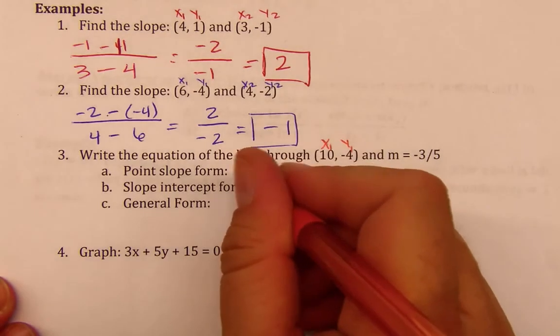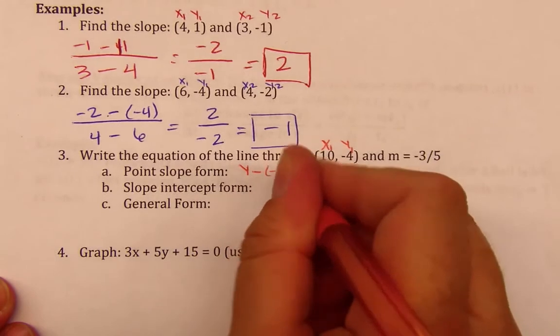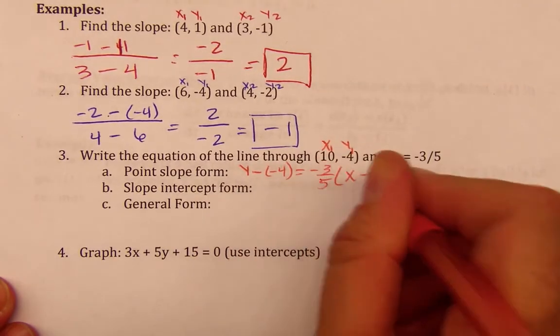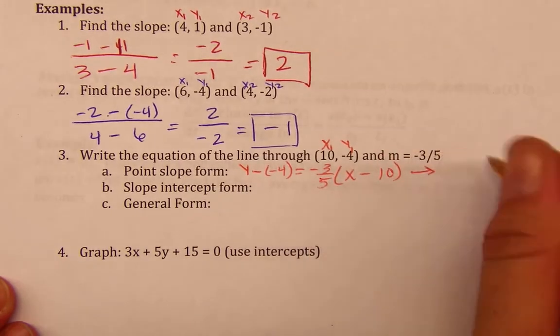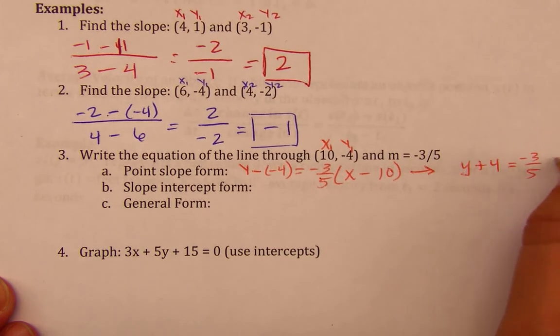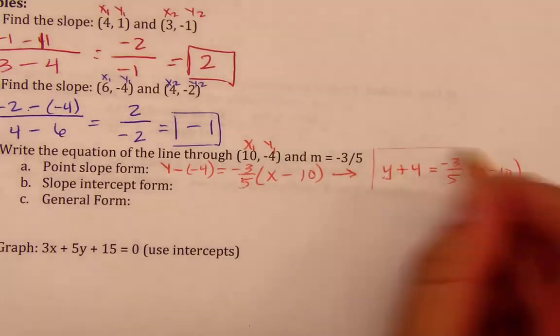So we have y minus y1, which in this case is negative 4, equals our slope, times x minus x1, which in this case is 10. And so that would be y plus 4 equals negative 3 over 5 times x minus 10. And that's our answer.